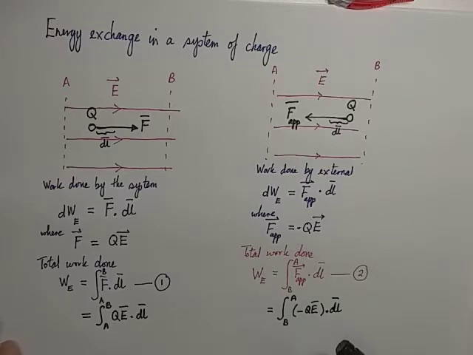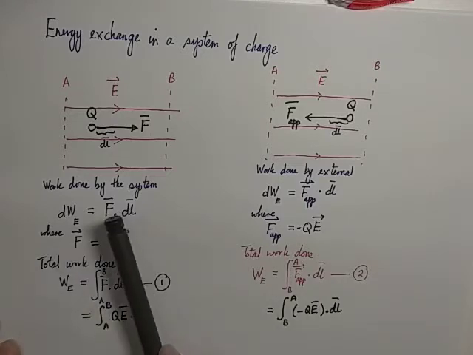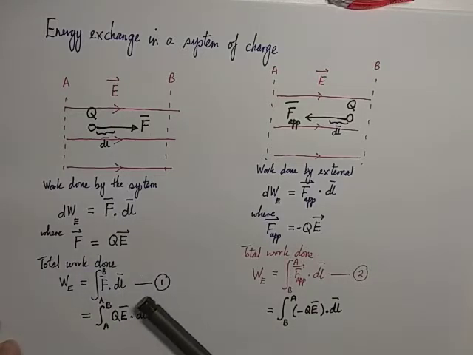But we can see that the final result is not what's important here. The process of getting the output is important. As I'm repeating now, for the first case, the equation is based on work done by the system.